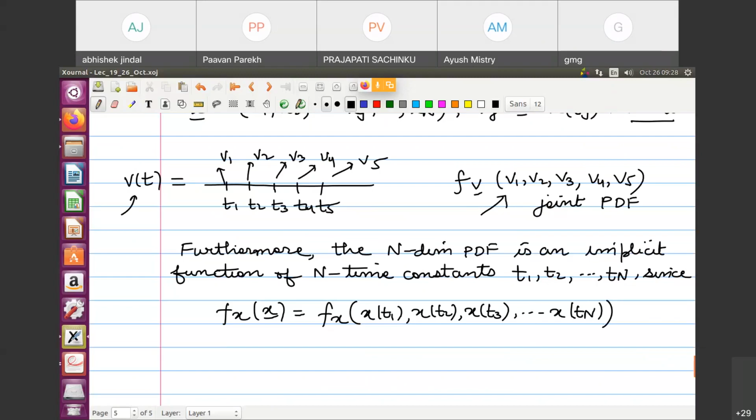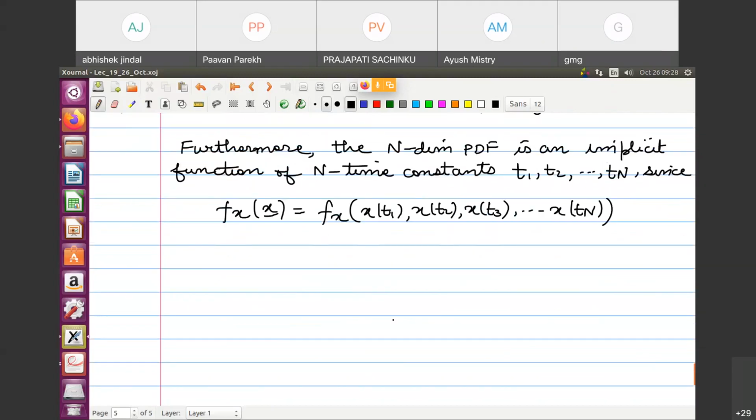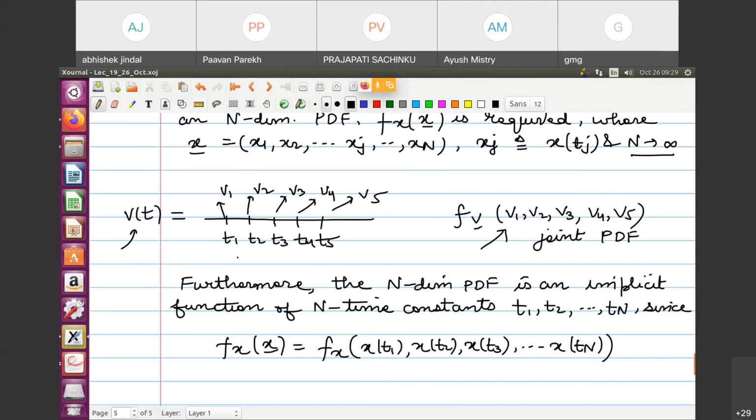This should be clear because we have taken these random variables at particular times. So the PDF becomes a function of particular times.